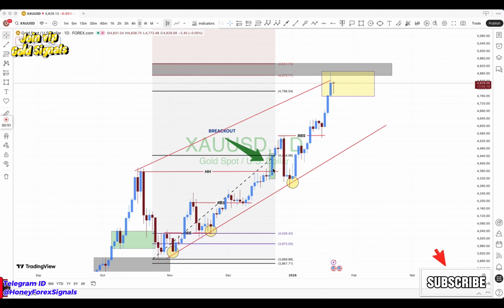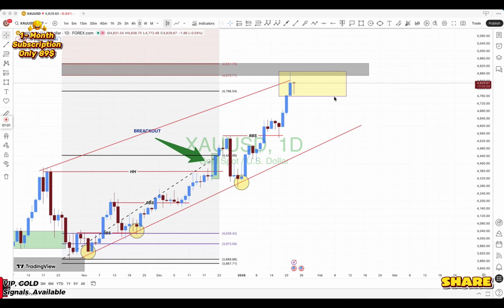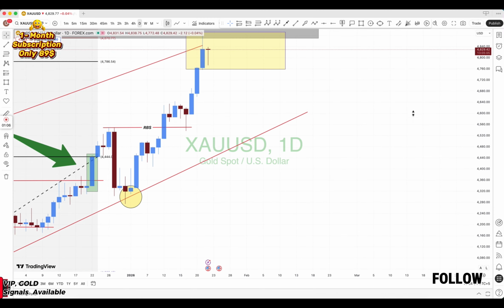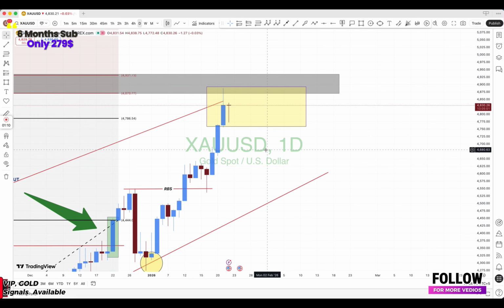So look now. This was our main bullish blue market breakout, and this is our 161 Fibonacci reversal zone. Look, today the market started but has not yet broken the first candle low of the previous day.